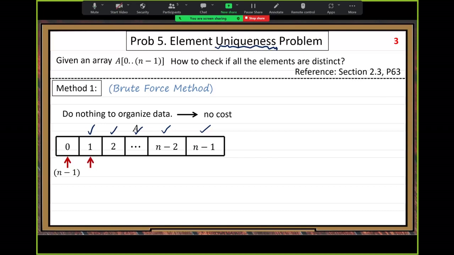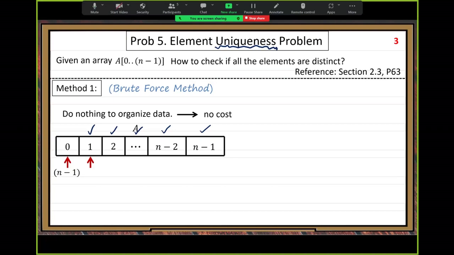All right. After that, if we couldn't find any later element that equals the first element in our first round checking, then we need to do second round checking.